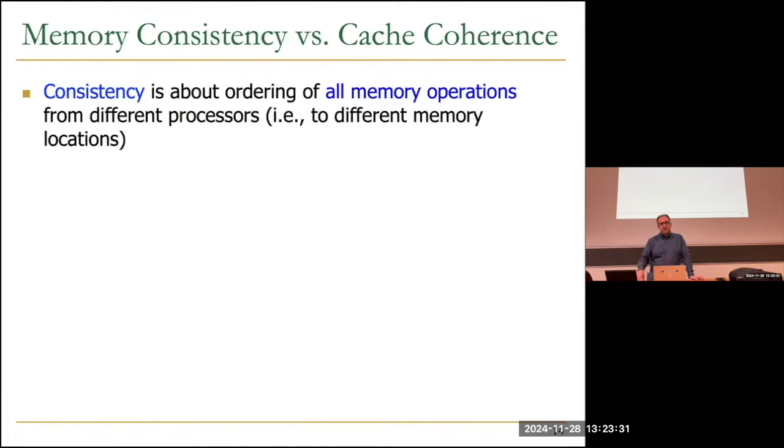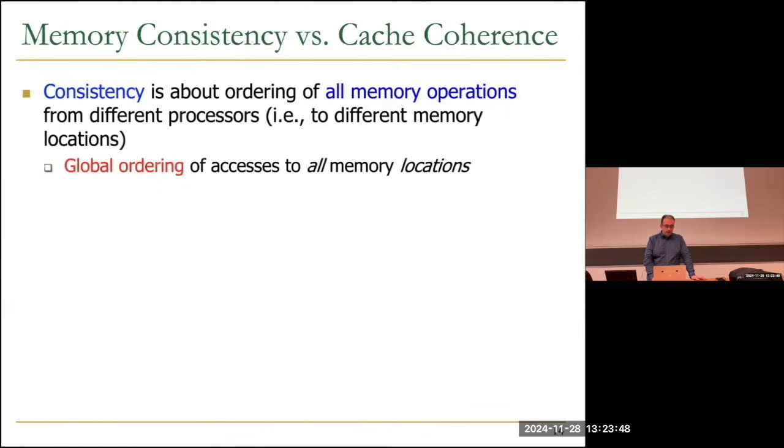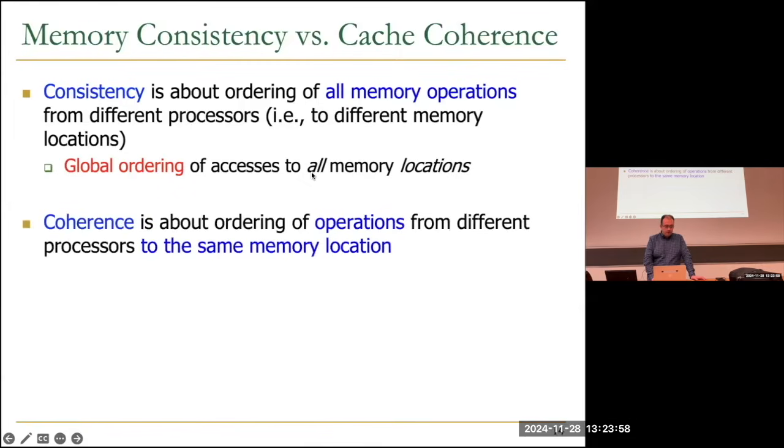So we have a multiprocessor system or multi-core, and we care about the order of all memory operations coming from different processors. Essentially, these operations are to different memory locations; we are not looking at one location. So this is the topic of global ordering. Global ordering of accesses to all memory locations is important in the memory consistency topic.